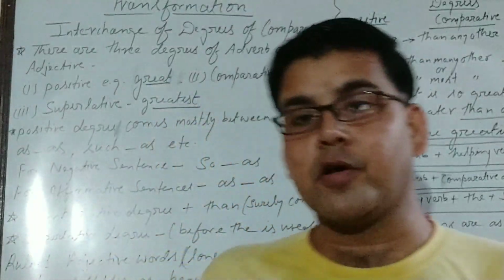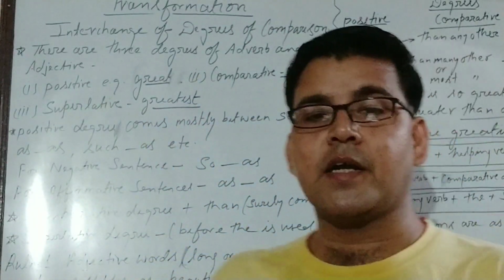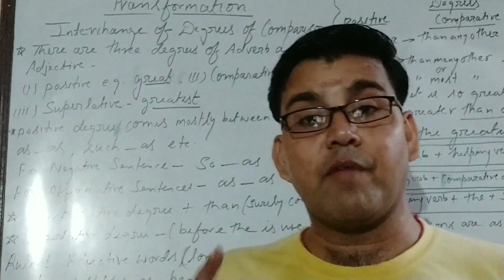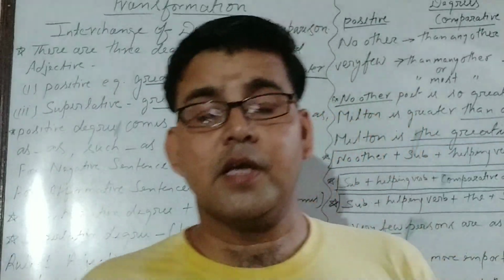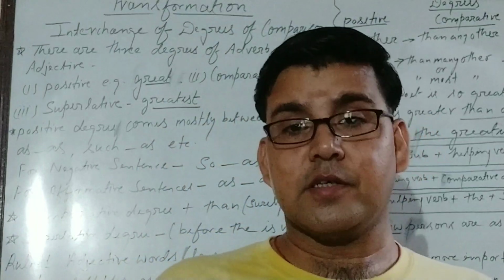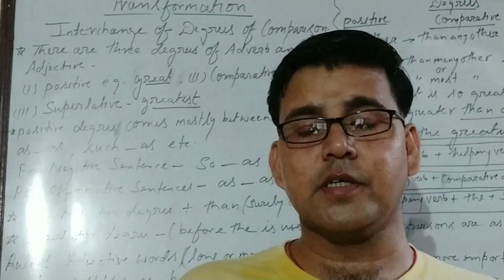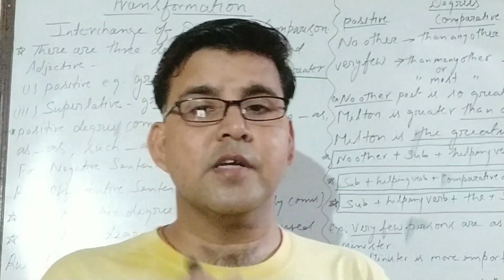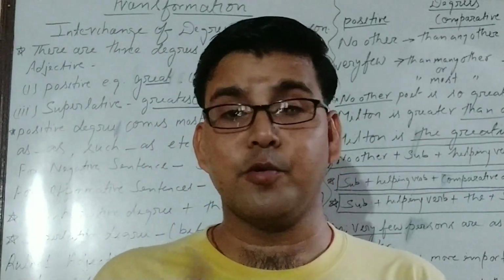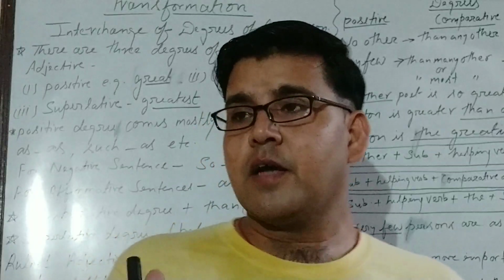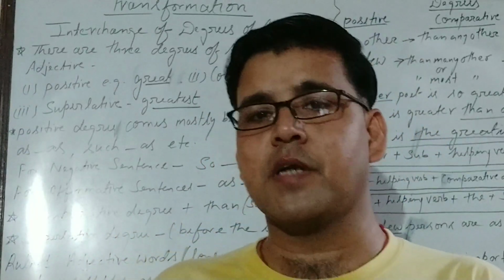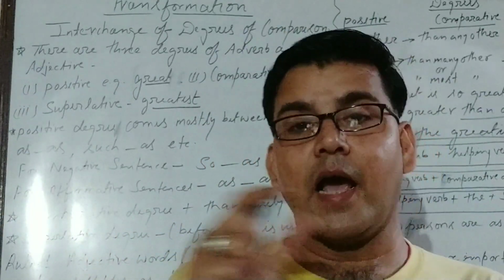If the sentence is affirmative, then we have to use as. For example, John is as tall as his father. Got it? If I use a negative sentence, then I use so as. If I have to use an affirmative sentence, then I have to say as.